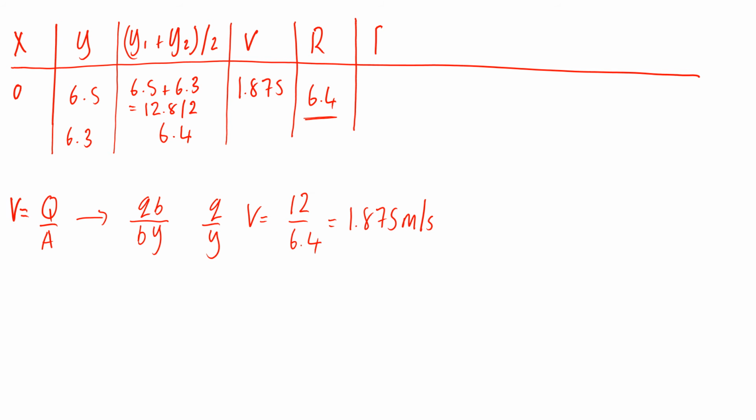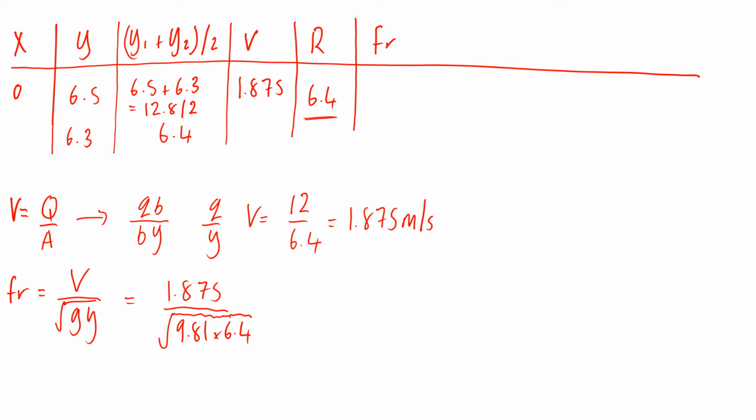And then you've got F of r. F of r is equal to v over the square root of g y. So you get 1.875 divided by the square root of 9.81 times 6.4, and then you get 0.2366.